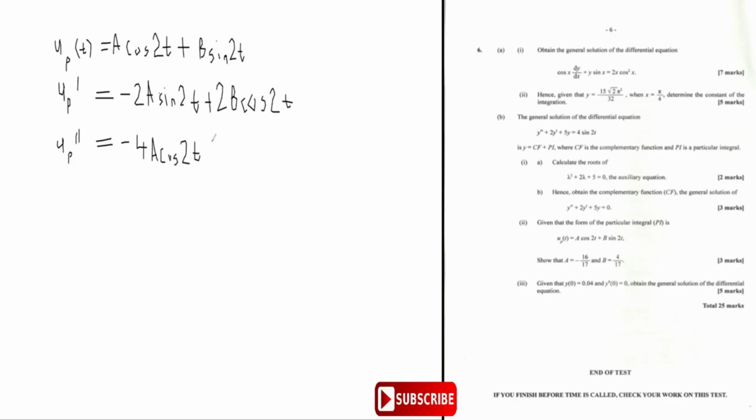Then here, when I differentiate cos, I get minus sine, so I get minus 4b sine 2t.